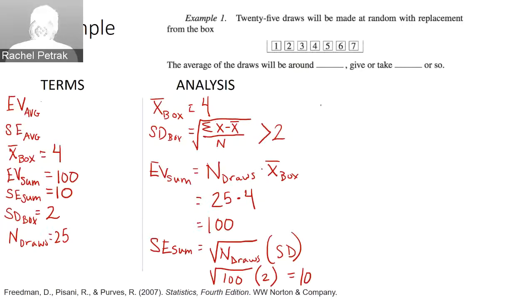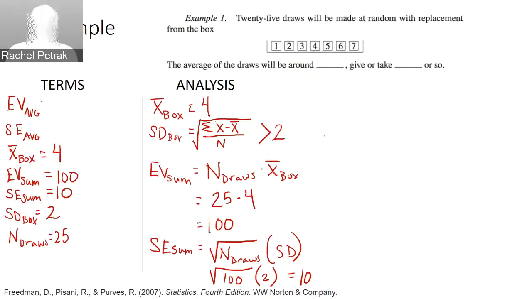But what does this tell us about the average of the draws, excuse me? The average of the box is 4. I'm just going to do a shortcut here.